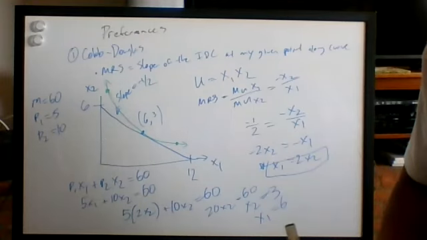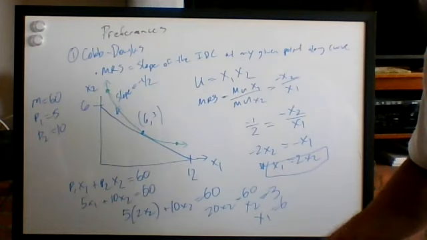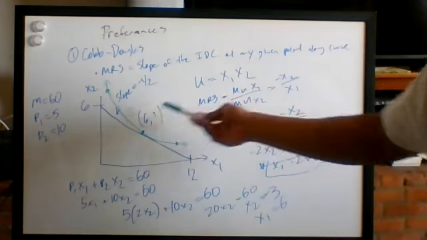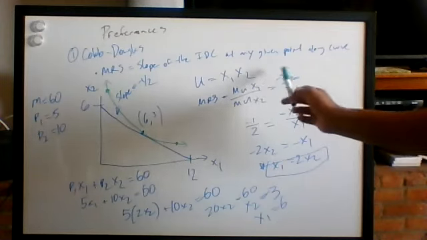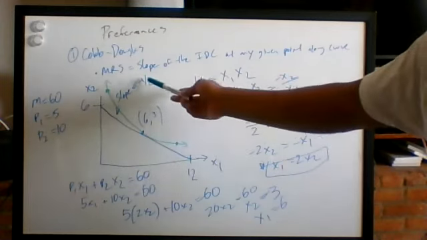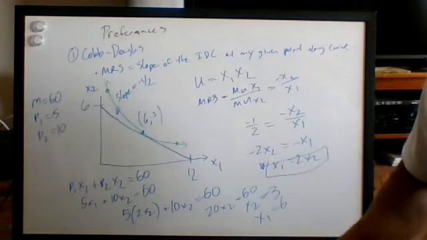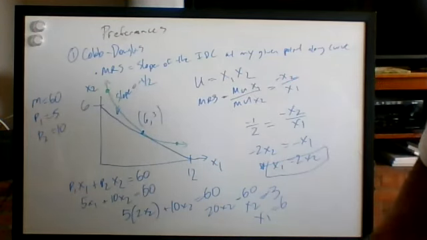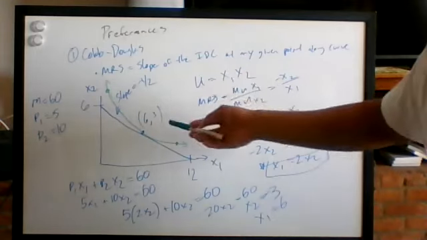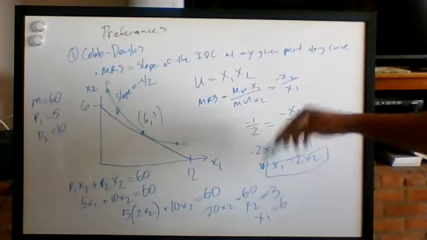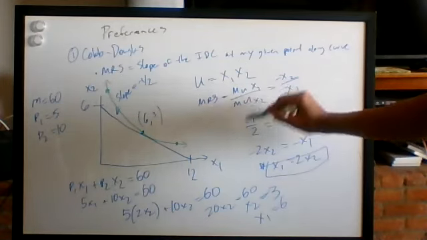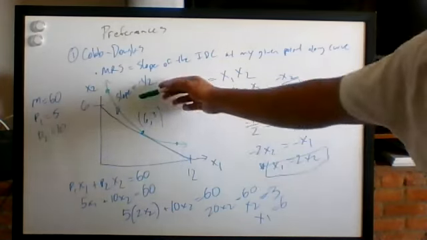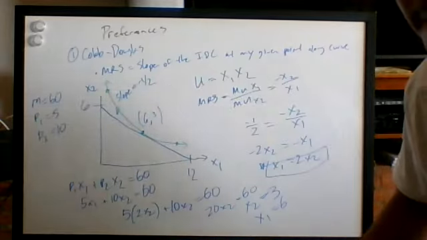I guess what I will say is that if you were to physically plug 6 and 3 into these values right here, it would be the inverse of the slope. So you can think about it that way. But I don't like to get too technical about the relationship between slope and whatnot. I think it's just important to know the MRS in general is this and this, and how it relates to slope in general. Okay, thank you. Yeah, no worries.